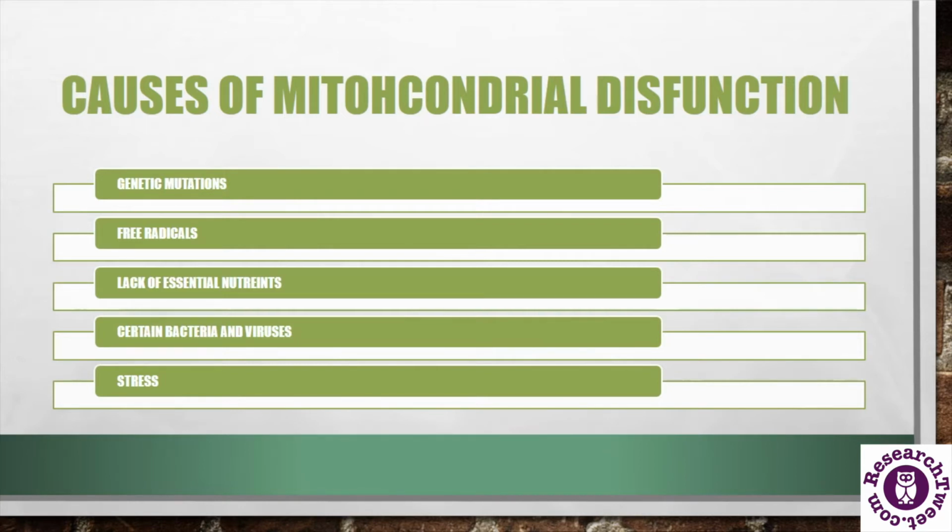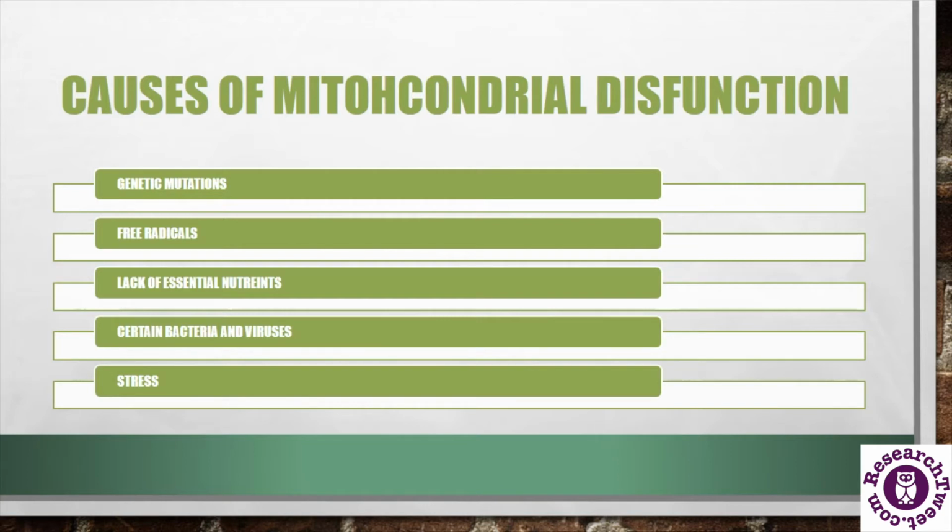Basically it can be inherited from parent to child, and the inheritance can be autosomal recessive inheritance, in which there is a 25% chance for the child to be affected, and another type is autosomal dominant inheritance, in which the child has a 50% chance to inherit the mitochondrial disease.